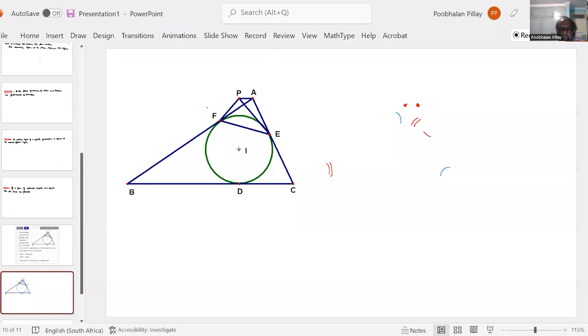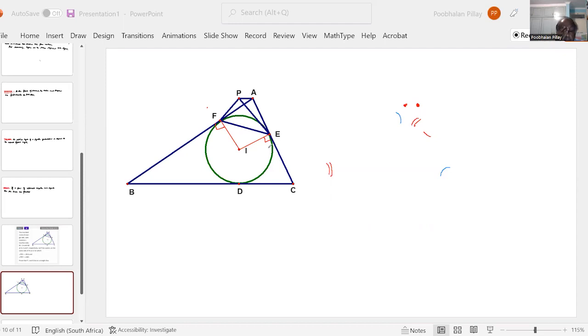I also know what I told you earlier on, these are the points of contact. So if we join this, we know that it's perpendicular. If you join the center to a tangent, these are tangents here, because that is what you mean by an incircle, we know that the radius is perpendicular to the tangent at the point of contact. So this angle here is 90 degrees, this angle is 90 degrees, and the other angle is also 90 degrees.